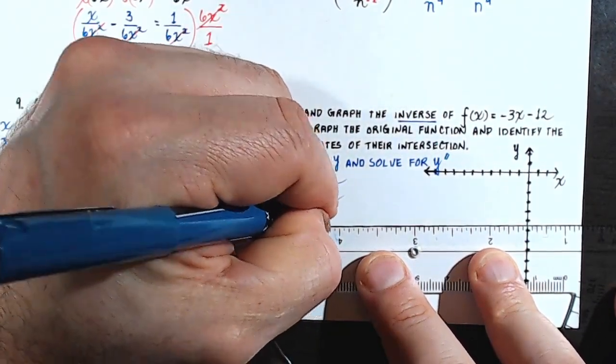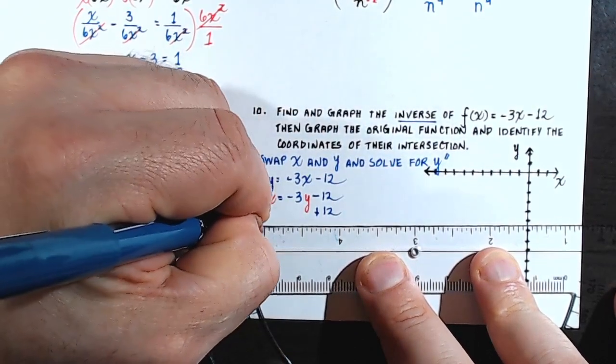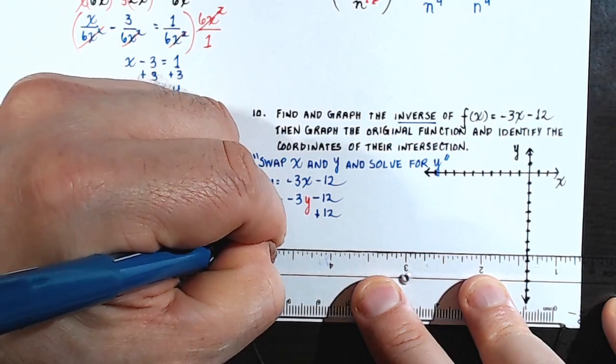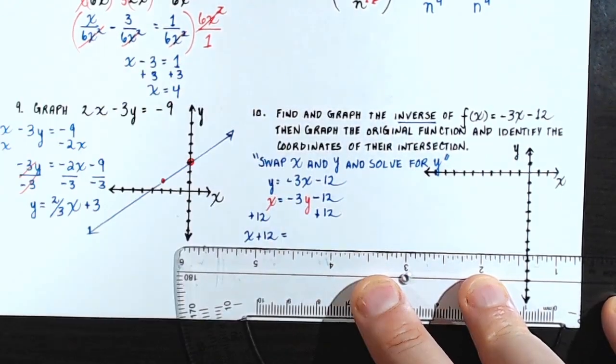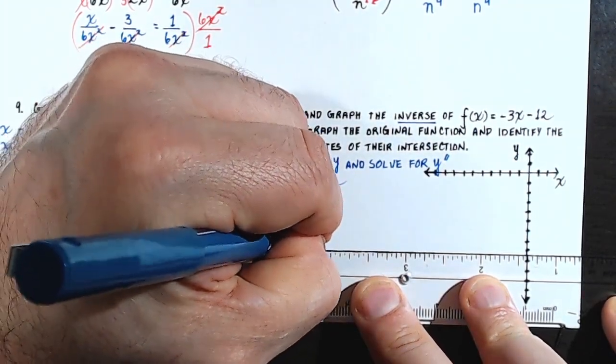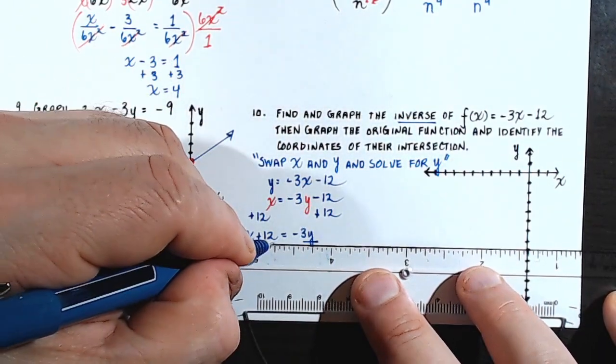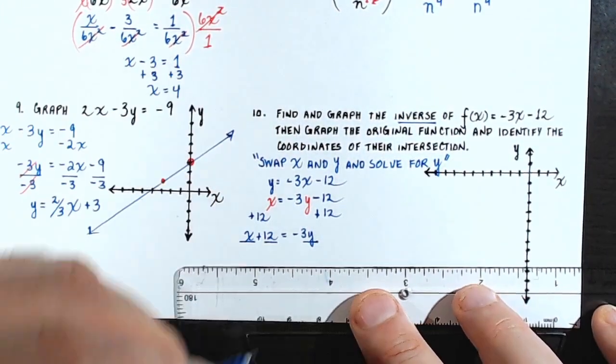So I'll just add 12 to both sides. And now on the left, I have x plus 12 equals negative 3y. Divide through each term by negative 3 to get y by itself.